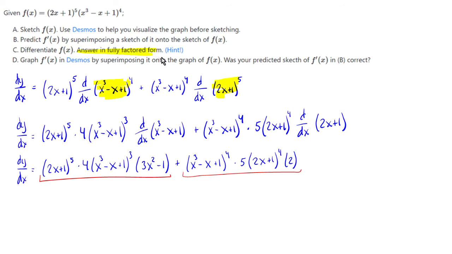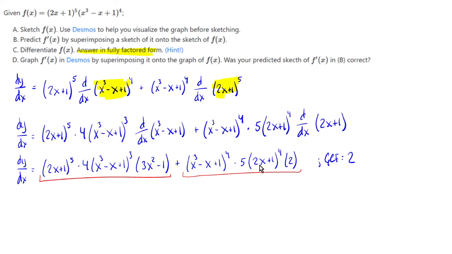So what we want to see is, is there a greatest common factor that these two products share? Okay. So we can see that they would share a 2. So actually, let's write down the greatest common factor here. We can factor out a 2. We can also factor out a 2x plus 1.